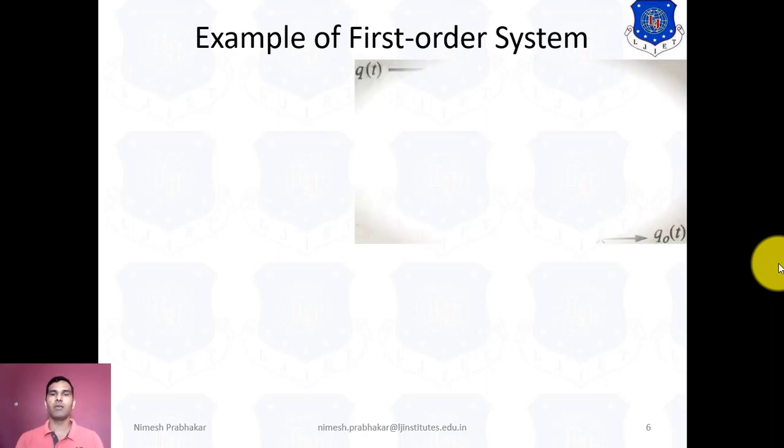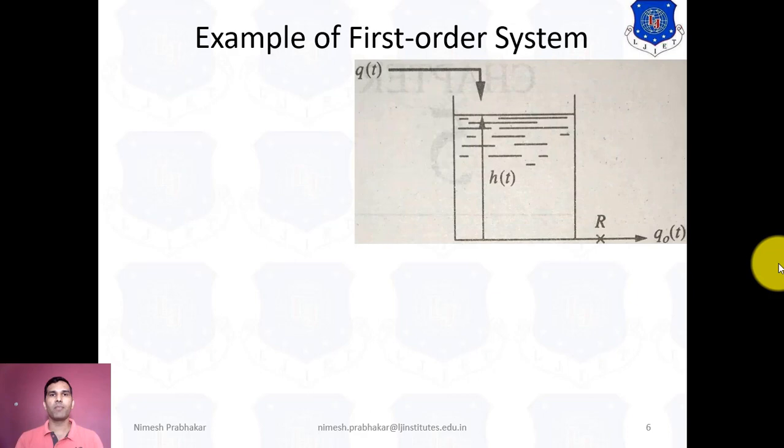We take one example of a simple liquid tank, or water tank. Here in the figure we represent one tank.